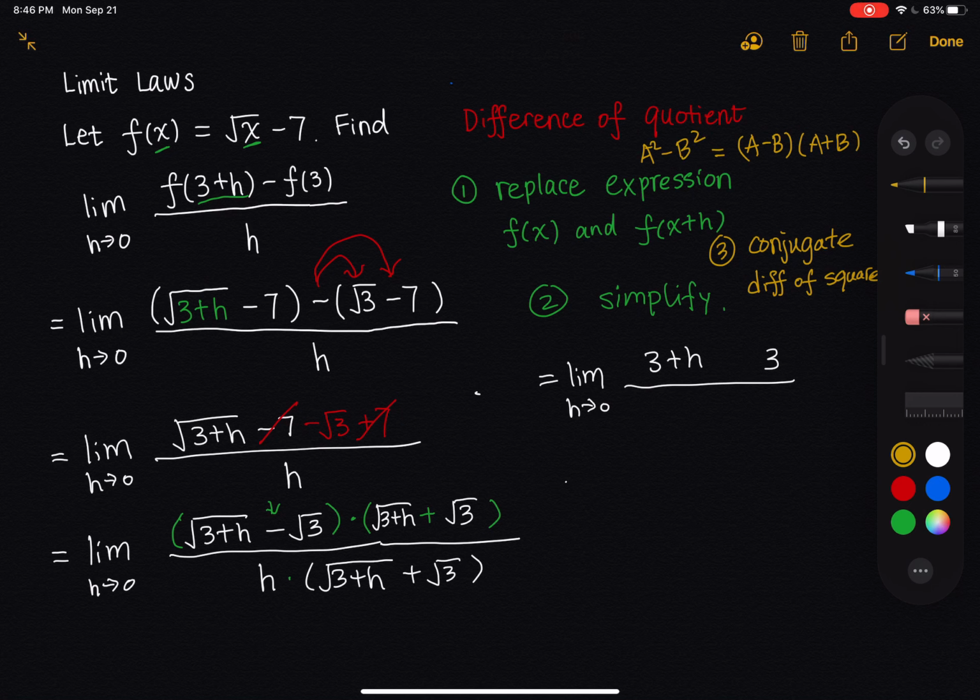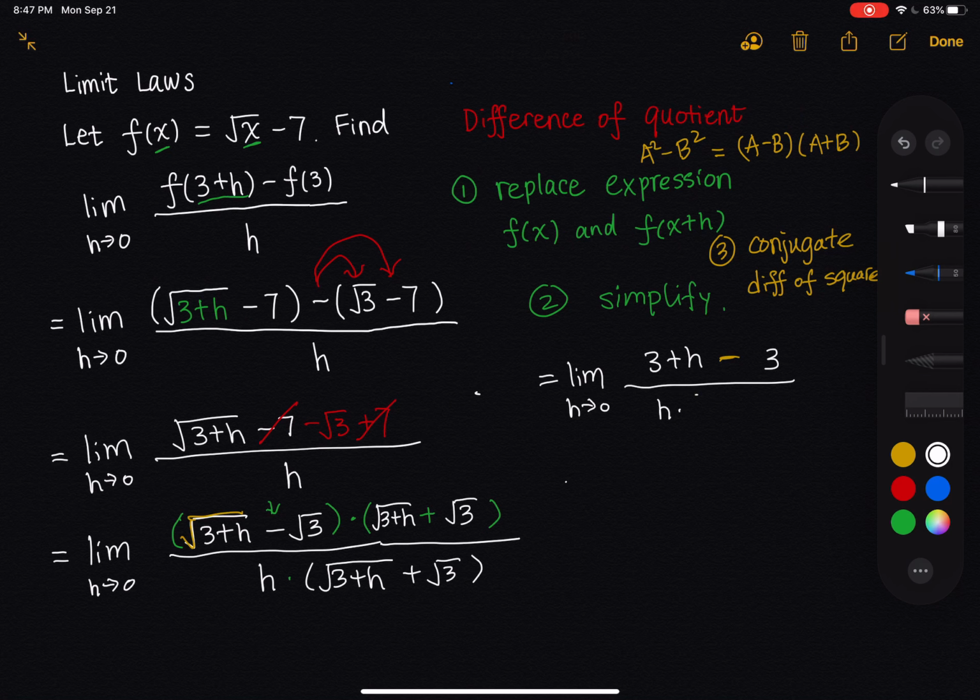So the square of the square root of 3 plus h is just 3 plus h. Subtract the square root of 3, whose square is just 3. So 3 subtract 3, on the top you only have h left. But I'm going to rewrite everything.